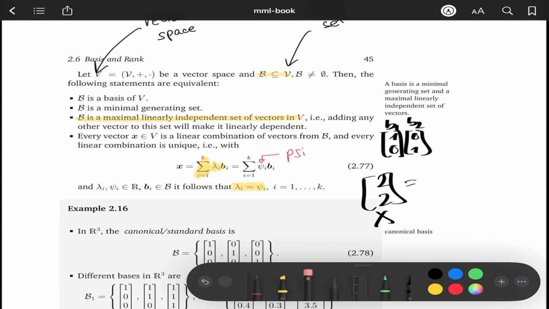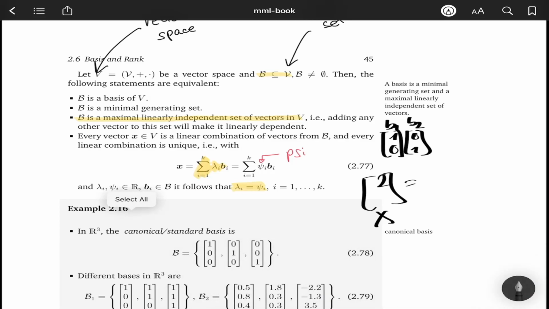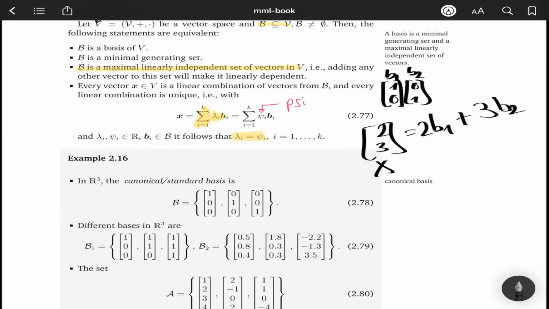It's always easy to use different prime numbers, because then you will see where the difference is. So we need to multiply b1 with 2, and we add 3 times b2, right? Makes sense. This will result in the vector 2, 3. Let's call it x1.